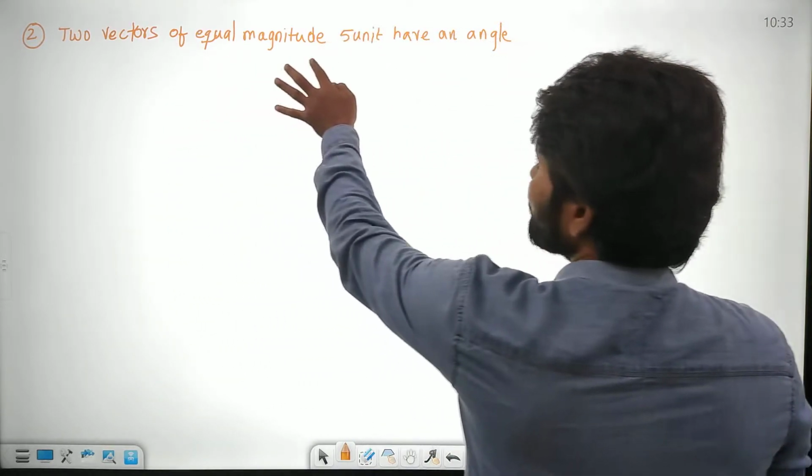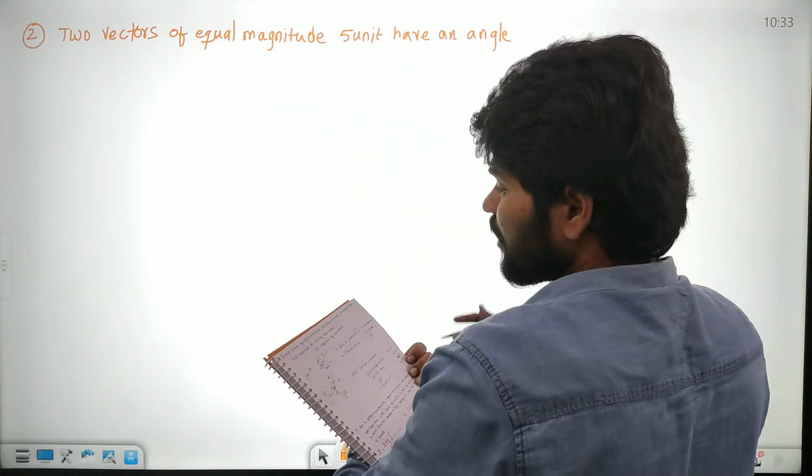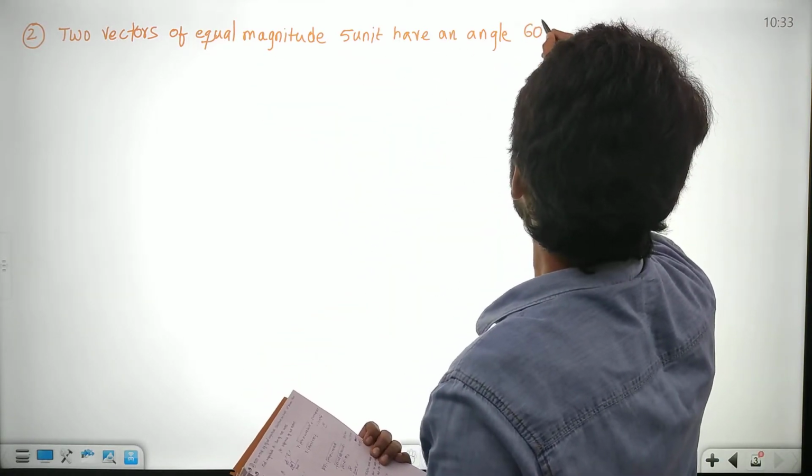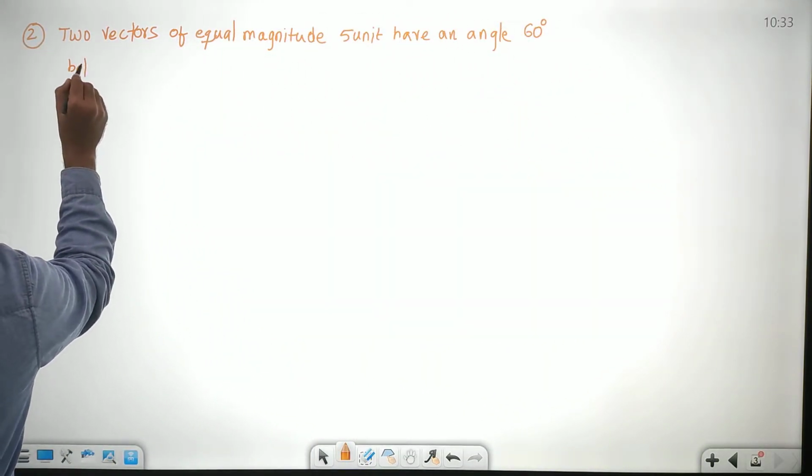Two vectors of equal magnitude of 5 unit. These two vectors have an angle of 60 degrees between them. 60 degrees between them.